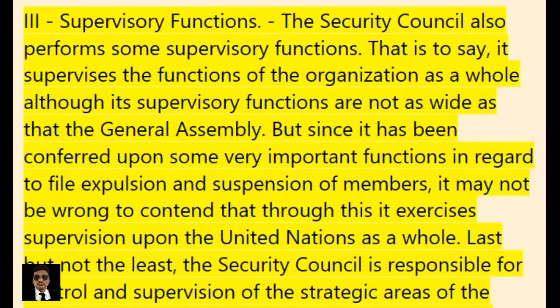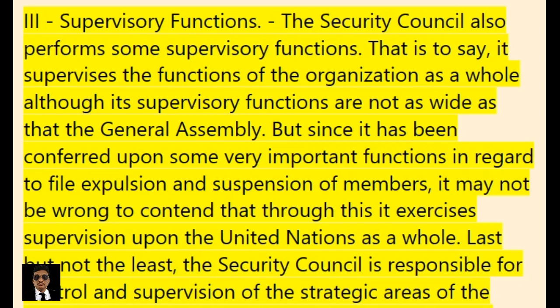3. Supervisory functions. The Security Council also performs some supervisory functions. That is to say, it supervises the functions of the organization as a whole, although its supervisory functions are not as wide as those of the General Assembly.